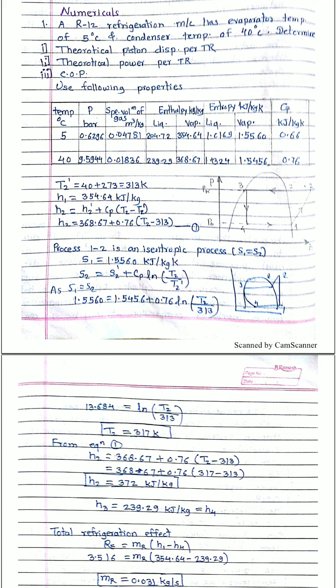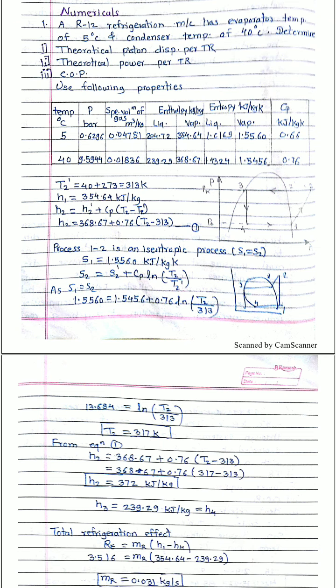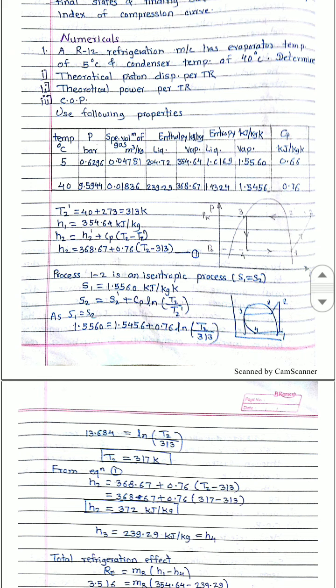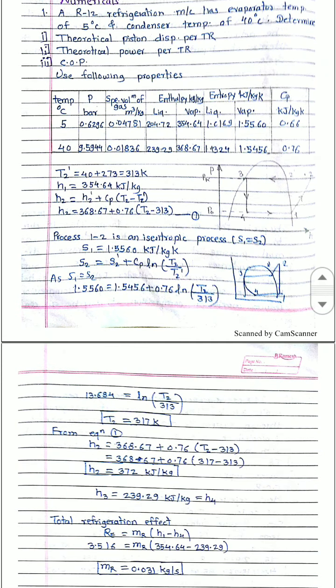The value of H2 is equal to 372 kilojoule per kg. Now, if H2 is known, H3, point 3, is on the 40 degree Celsius line and it is on the liquid line. So therefore the H3 value is 239.29.